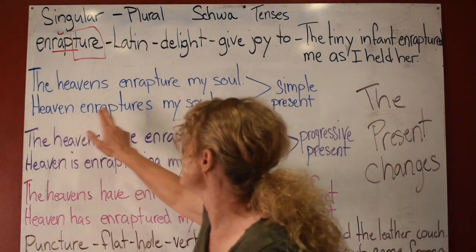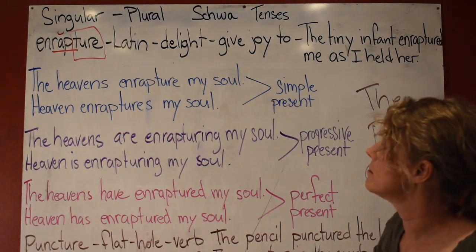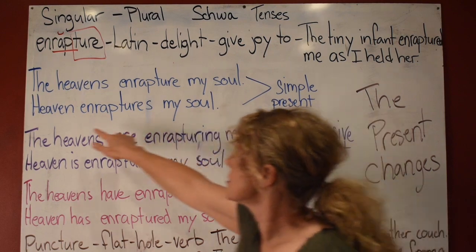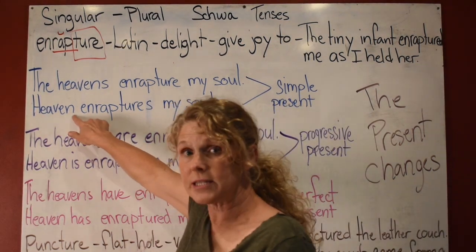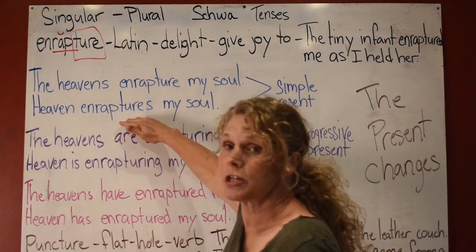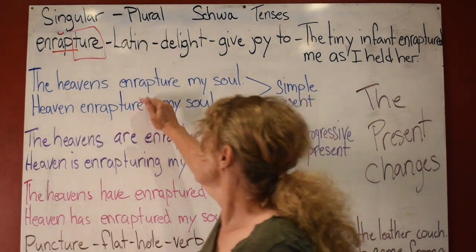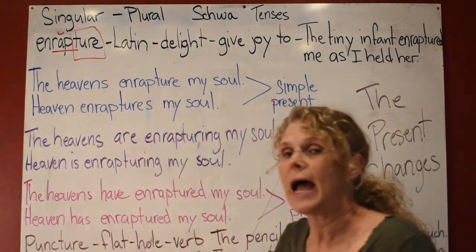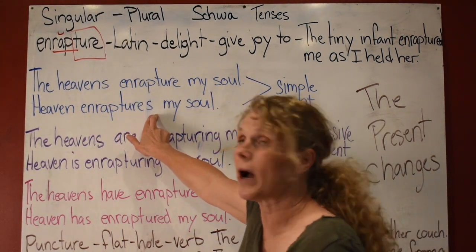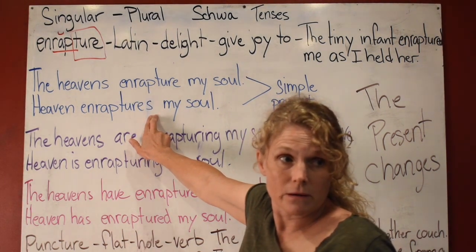And so now we have heaven enraptures my soul. This is singular. The noun is singular, so we have to match the verb for it to be singular. And this is where it gets really confusing. Well, why does it have an s on there?